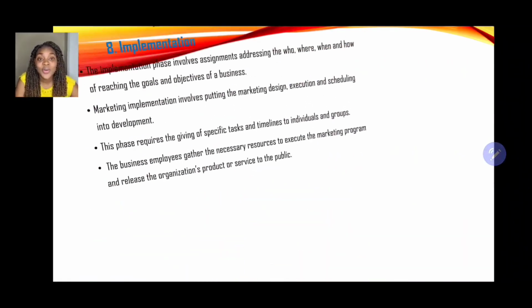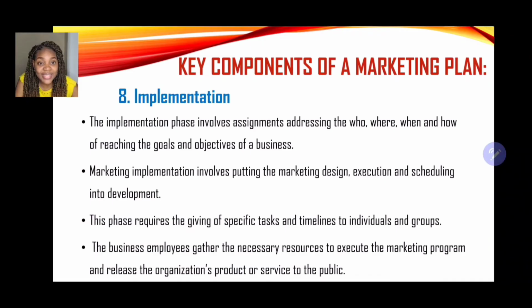Good. Now let us look at component 8, which is implementation. And implementation now is the action process. The implementation phase involves assignments addressing the who, where, when, and how of reaching the goals and objectives of the business. Marketing implementation involves putting the marketing design, execution, and scheduling into development.